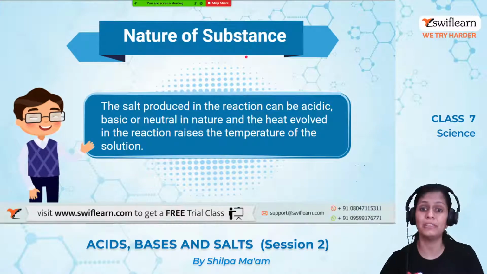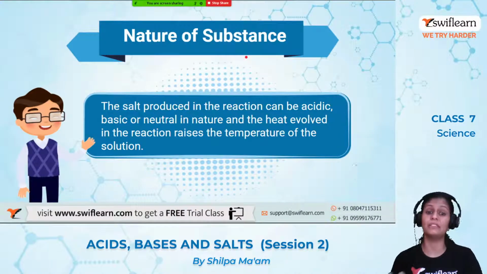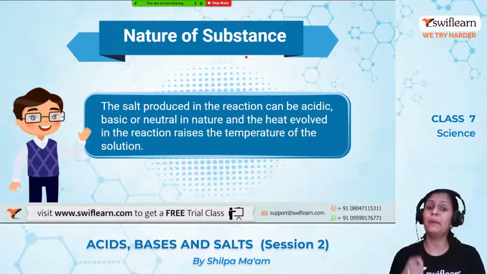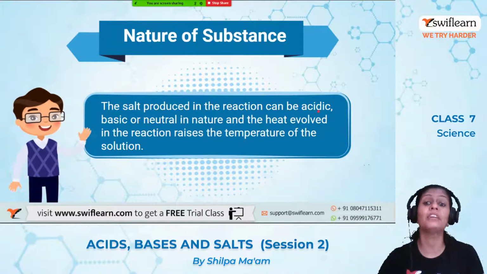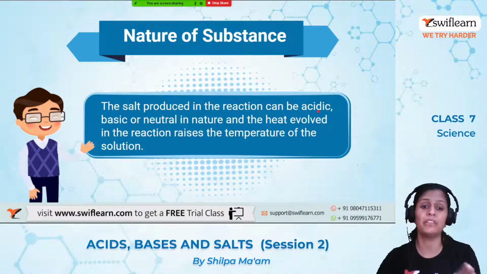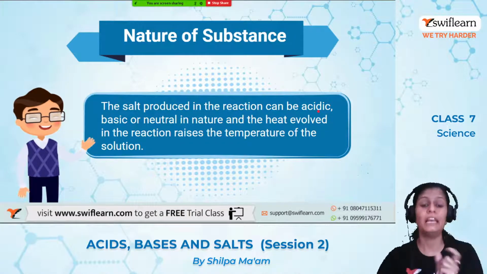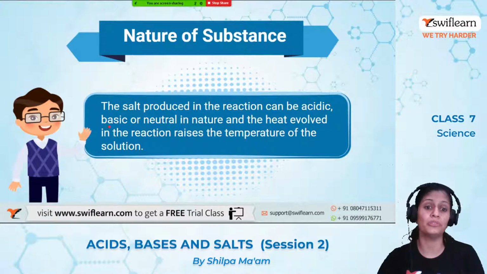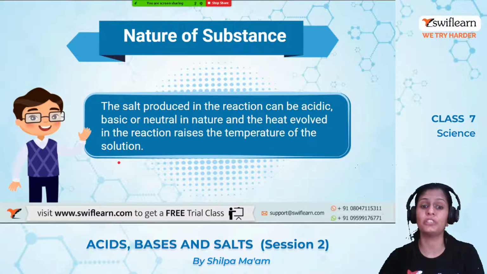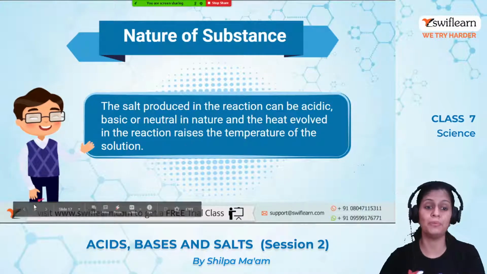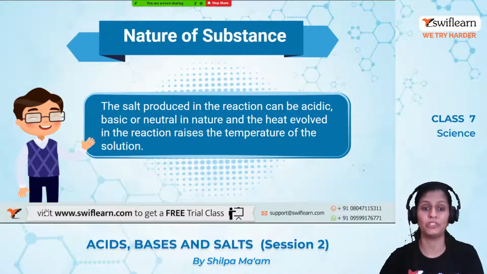But the salt that is produced would be acidic if the acid involved in the reaction is strong. If the base is strong, then the salt would be basic, and neutral when both have equal strength. And obviously the reaction would involve a rise in temperature because it is an exothermic reaction.